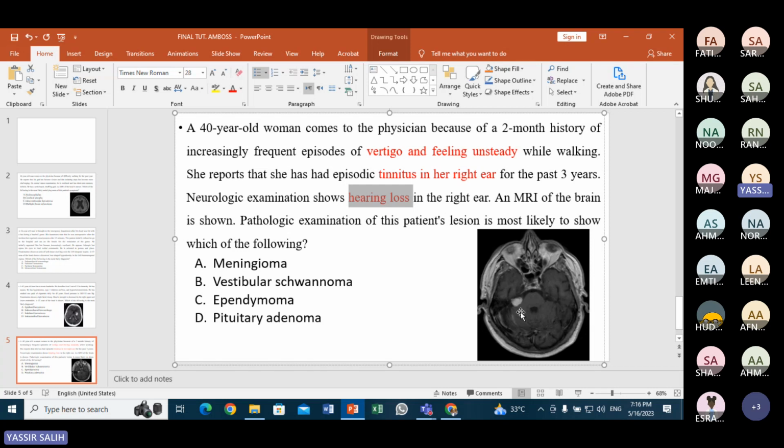We talked about a lesion that is common in this area, which is what? Vestibular schwannoma, acoustic neuroma. Acoustic neuroma or vestibular schwannoma. What condition is associated with it, especially when the patient has NF type 2? Yes, neurofibromatosis type 2 is associated with bilateral acoustic schwannoma.